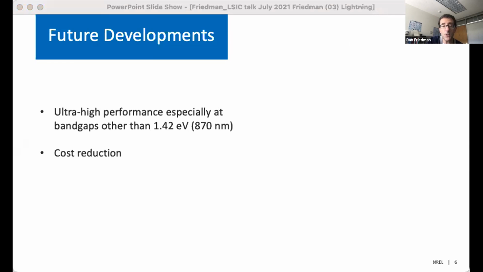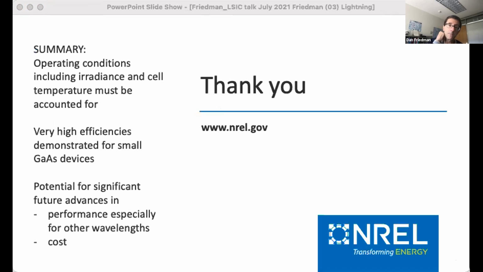Also, cost reduction. I didn't talk much about that, but that is happening. And finally, we mostly have relatively small area cells, so there'd probably be more emphasis on larger area applications. With the next slide, I'll just stop there. Thank you.